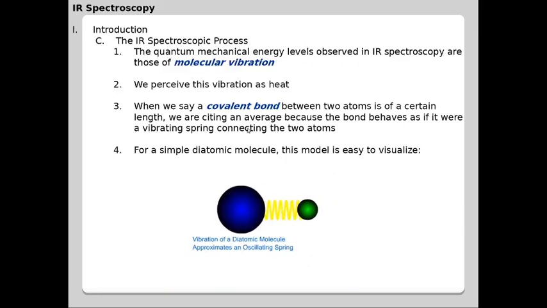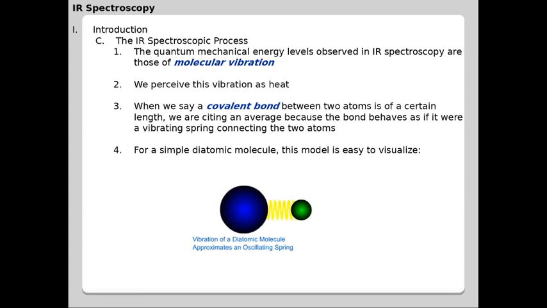If you consider a diatomic molecule having a heavier nucleus on one side and a lighter nucleus on the other side, bound by a covalent bond in between, this molecule obviously has zero point energy at room temperature, but once the molecule starts to interact with an infrared radiation, it could absorb the radiation provided that delta E is equal to h nu. But how does this happen?